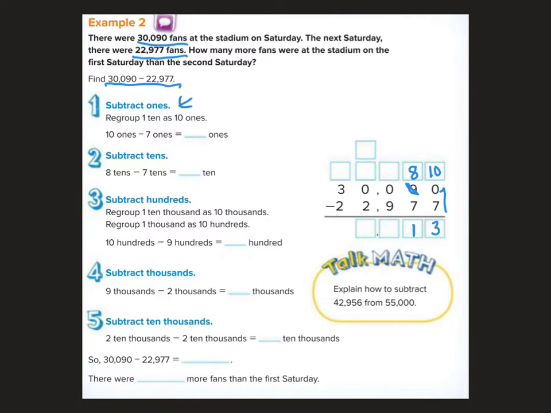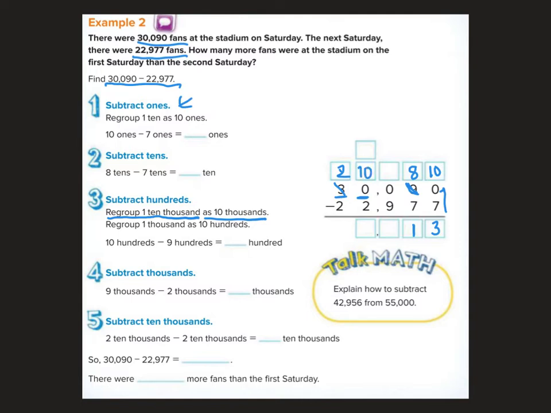Let's go next door. But look, my thousands place has 0 thousands. So what am I going to do? I'm going to regroup 1 ten-thousand as 10 thousands. Okay, that's kind of a confusing statement. So I have 1 ten-thousand here. I'm going to regroup it. Now I'm going to have 2. And then my thousands place is going to have 10 thousands.